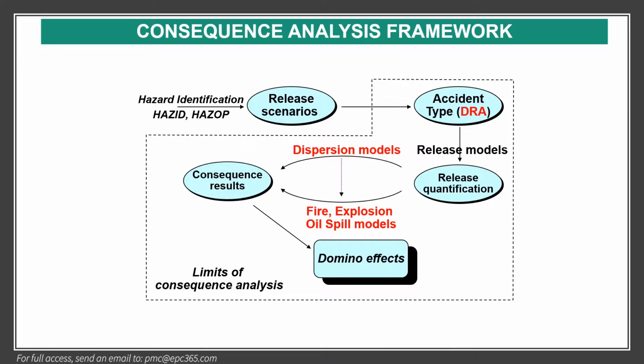Now, the consequence analysis framework, I want to show you how it works. We do hazard identification by HAZID and HAZOP, and then we do the DRA, in which we identify the scenario of the risk. Then we do the modelization for the dispersion of flammable and toxic gas cloud, fire and explosion and oil spill, and finally we see the domino effects.